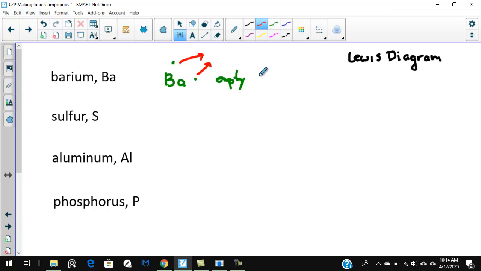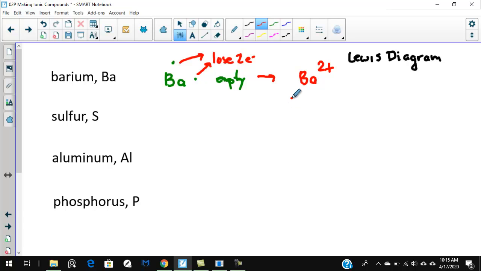And if something loses 2 electrons, then we end up with an ion, because now it doesn't have the same number of protons and electrons. So we write down the barium. We don't put any dots around it. But if we had 2 electrons being lost, then that means that the charge here is now 2 positive. If you lose 2 negatives, you become 2 positive.